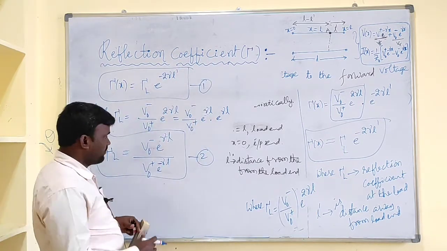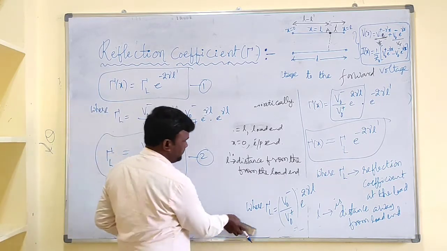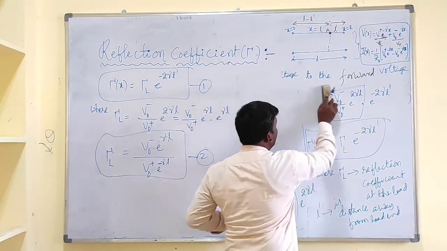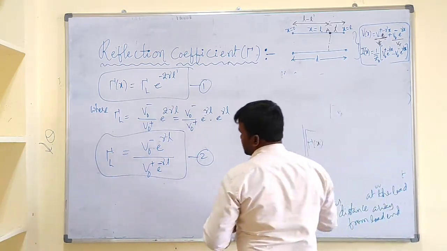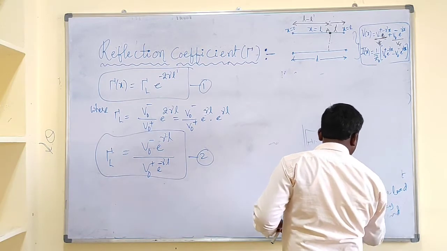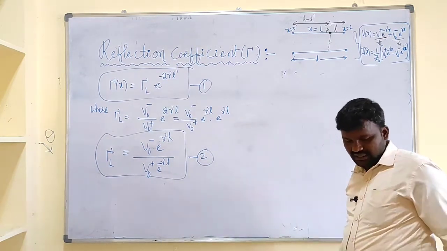We require the reflection coefficient at the load end, that is gamma L. To get that, we require V naught minus into e to the power gamma L and V naught plus e to the power gamma L, where we have the expression of voltage.